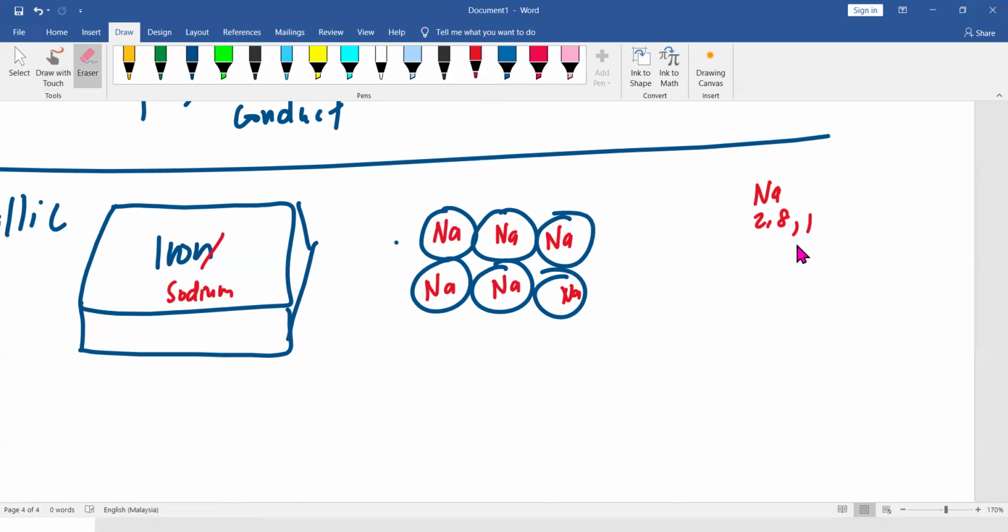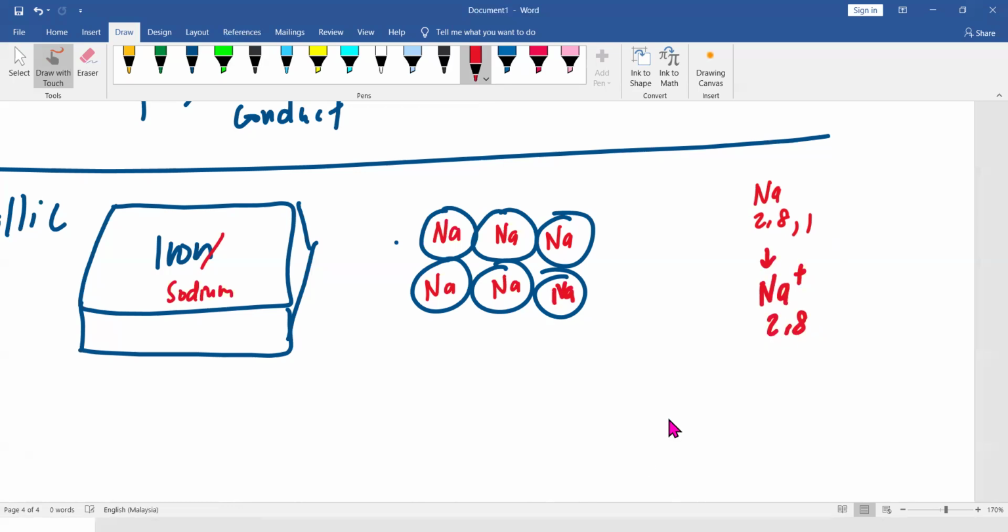Oh. 1. In order to achieve full outer shell, it releases 1. So when it releases 1, it becomes Na positive, 2,8. Okay? Correct?